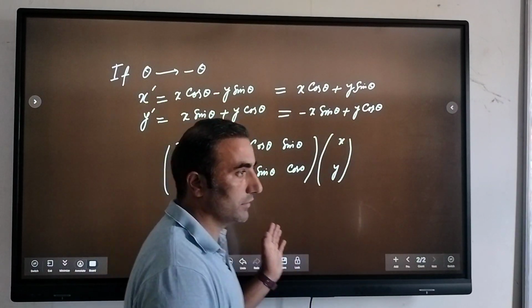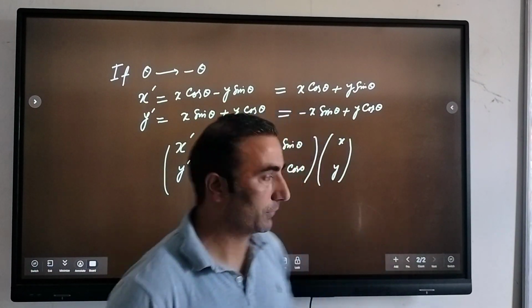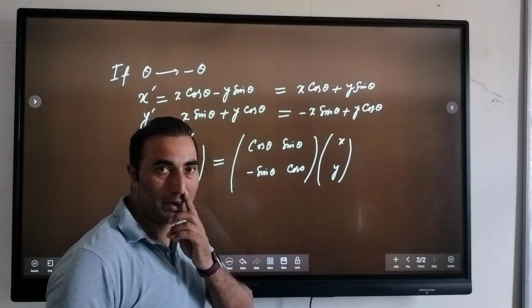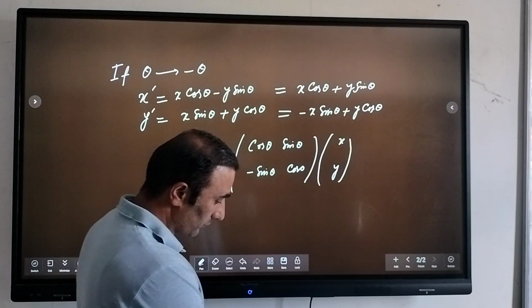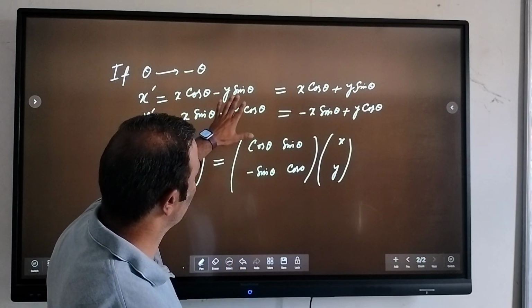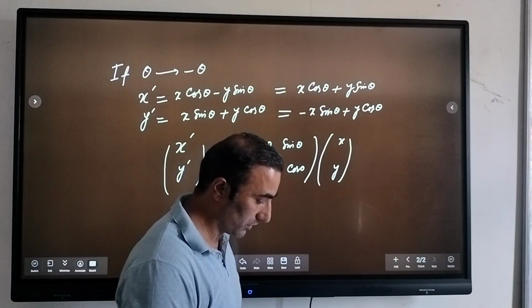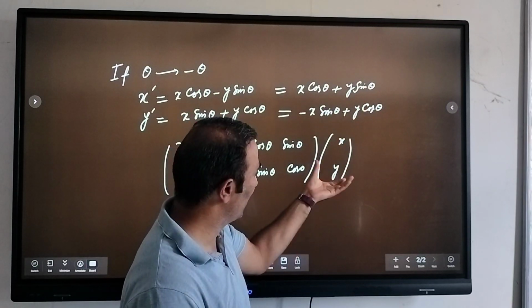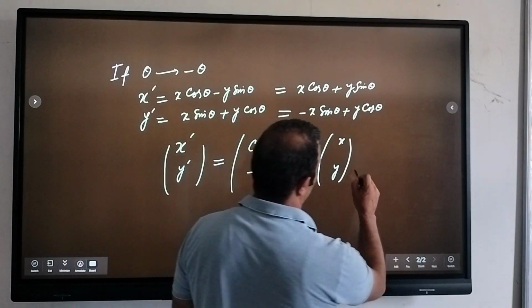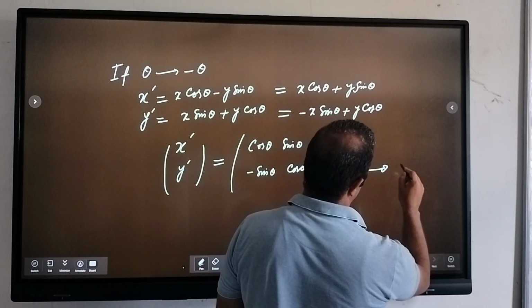This is how you can relate the rotated with the unrotated frame of reference, with these matrix elements in terms of sines and cosines. This transformation is orthogonal.